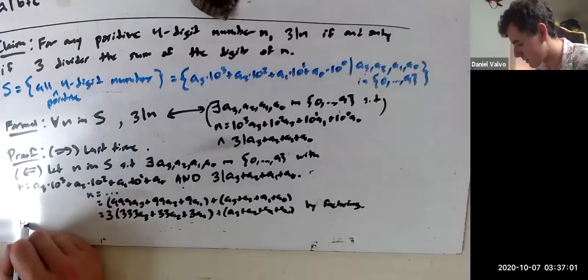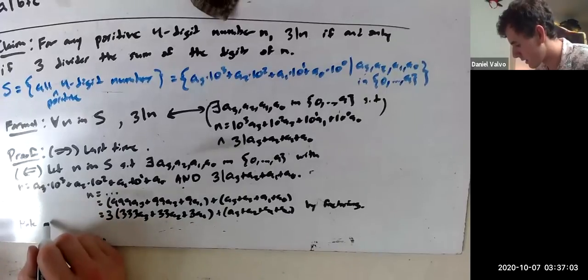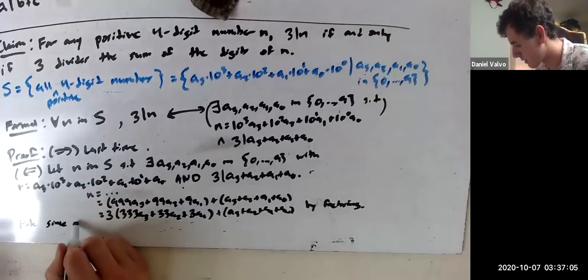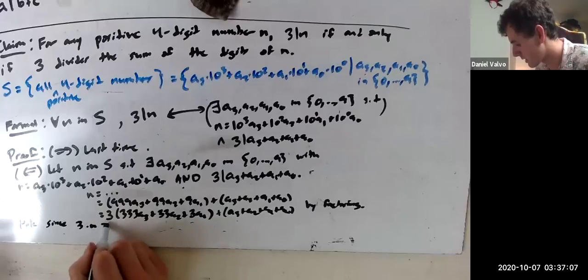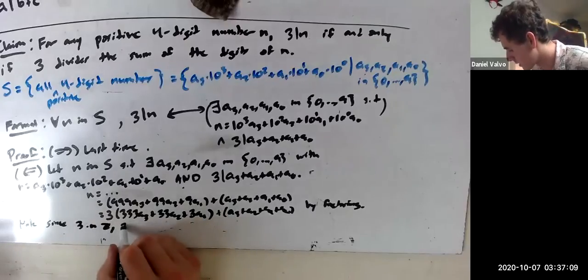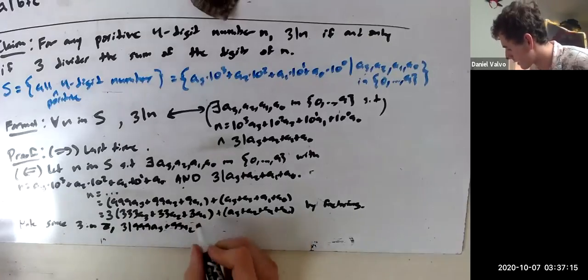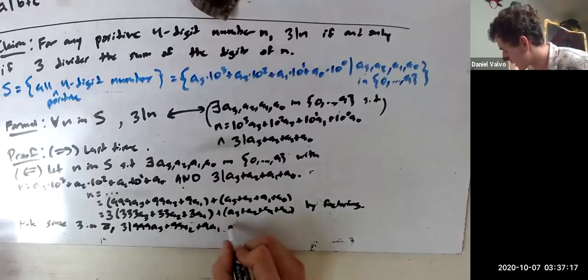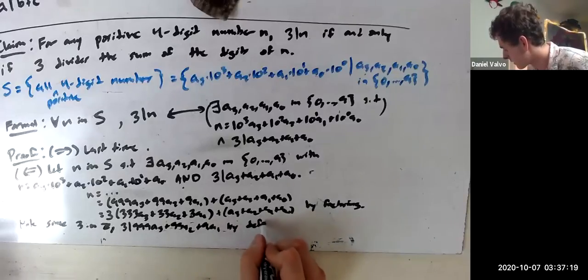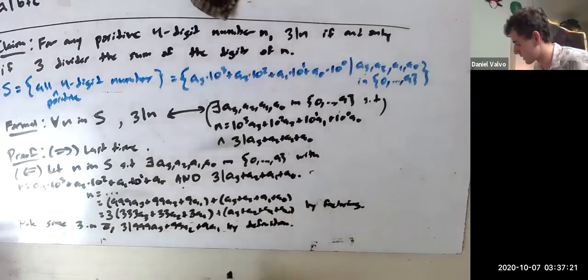So note, since 3 is an integer, 3 divides 999 A3 plus 99 A2 plus 9A1 by definition.